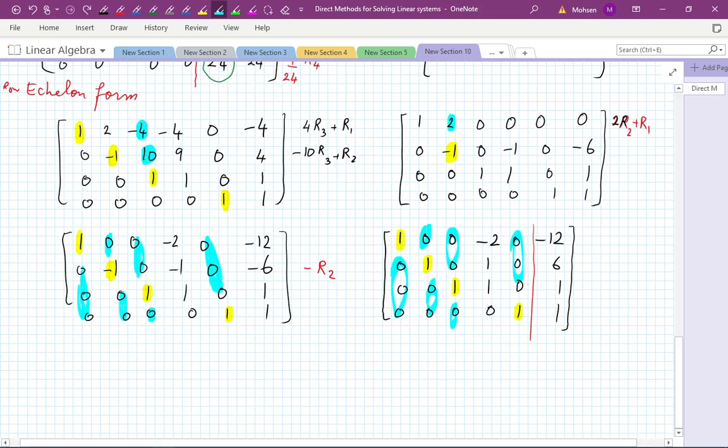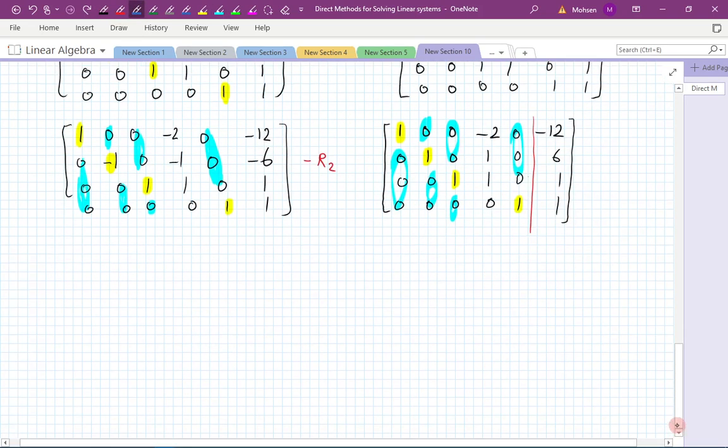Well, to see our achievement, we better write this thing as a system, when we'll see what we have achieved. Before I get to that stage of writing it, this has a name to itself. It's called the reduced row echelon form.